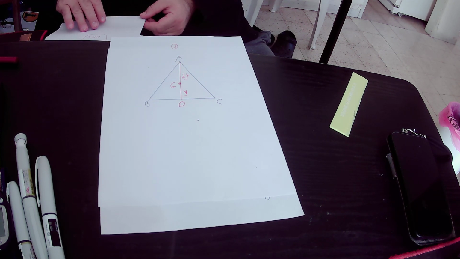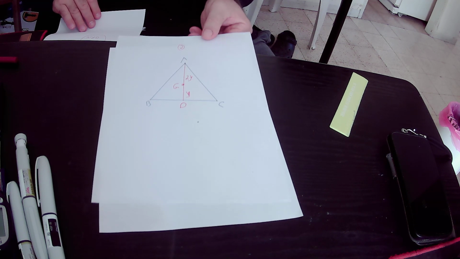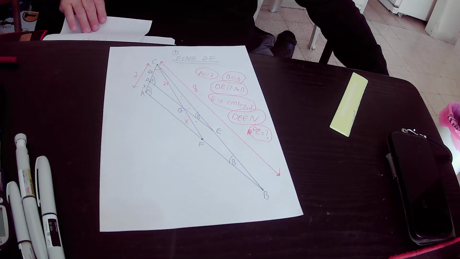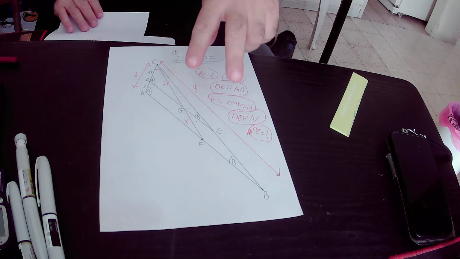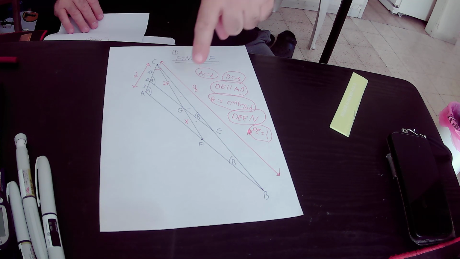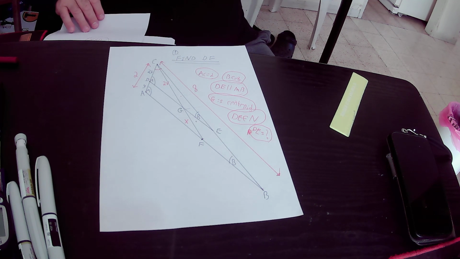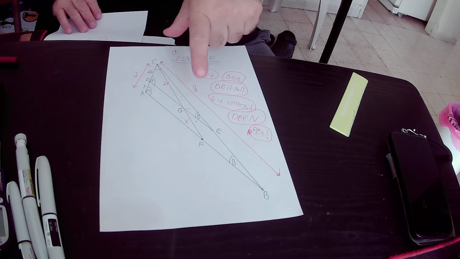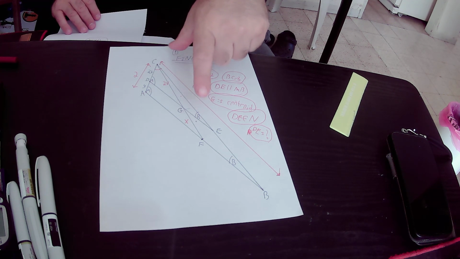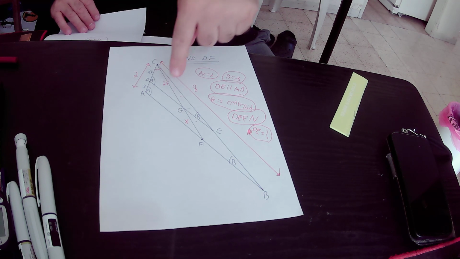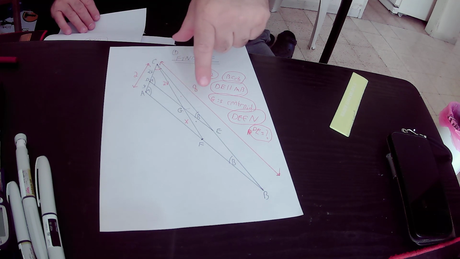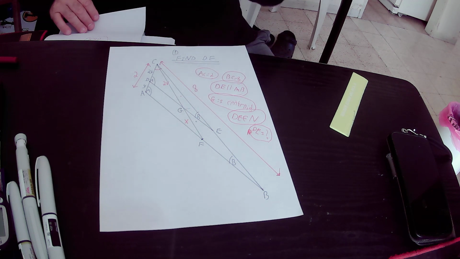Okay, so we know that in our triangle ABC, the big triangle, G is the centroid of triangle ABC. Therefore, the centroid G divides the median CF in a ratio that equals 2 to 1. That is to say, if CG is 2, then GF is 1.